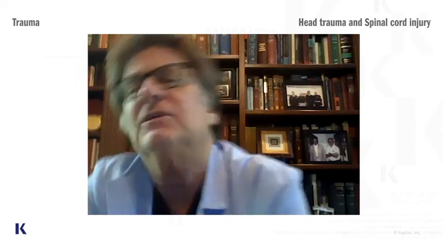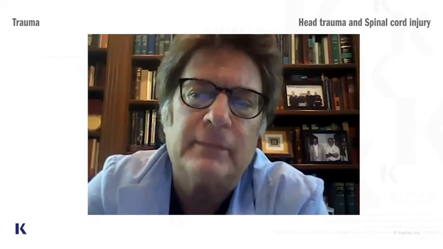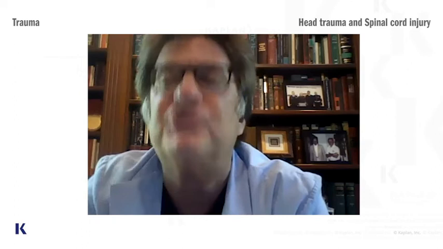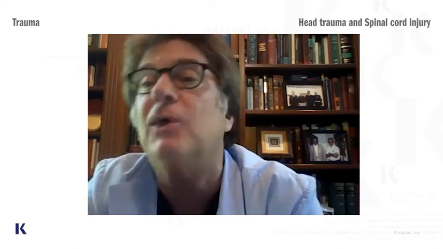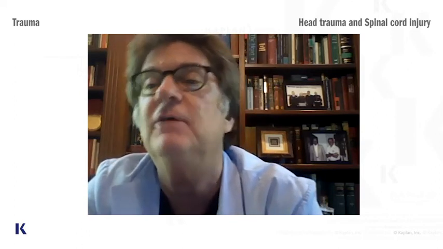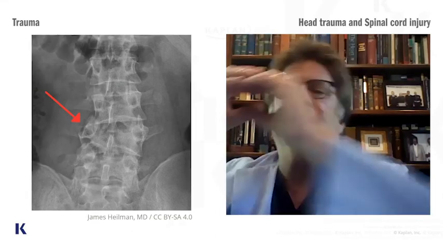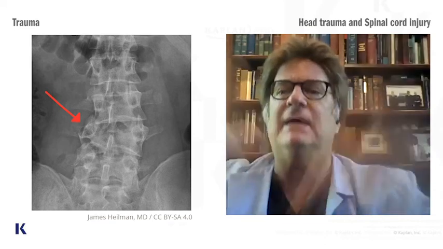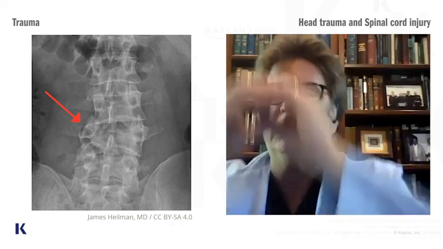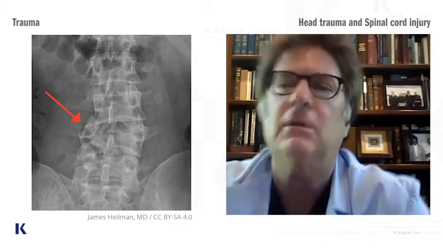A patient's in a car accident and they have a burst injury, B-U-R-S-T, a burst injury of the vertebral body. What that means, a burst injury means your vertebral body just explodes like that. We call it a burst injury, just like that. Okay?